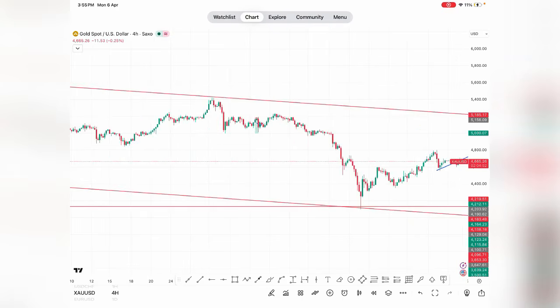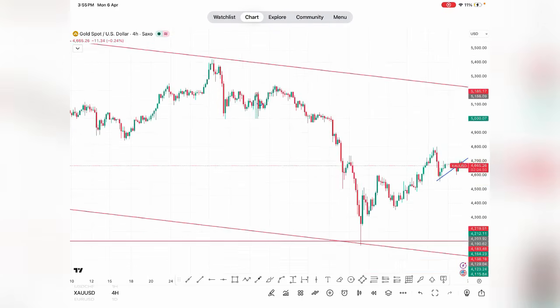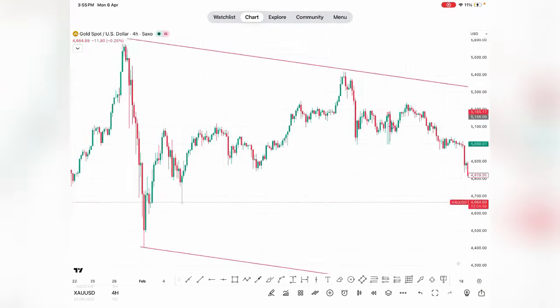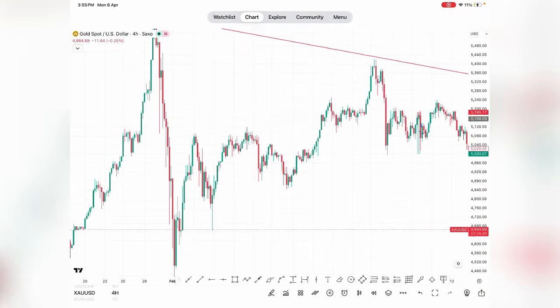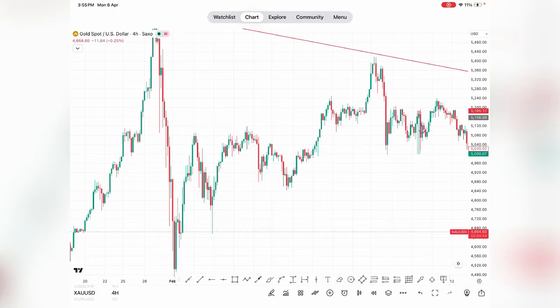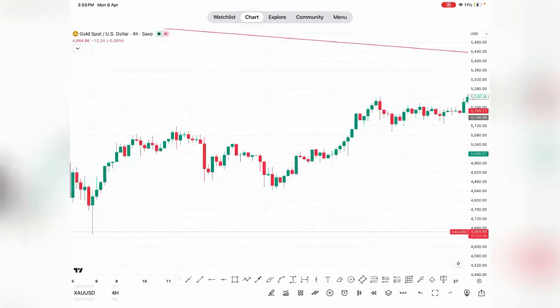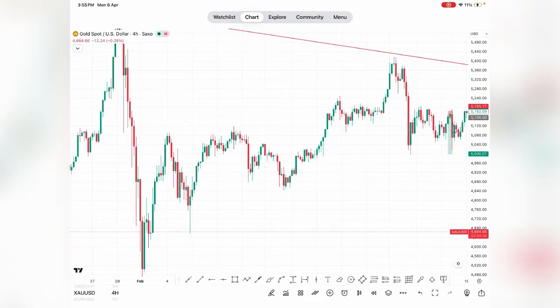So for instance, in this very chart that I have here, you can see the green candlesticks. Those are bullish candlesticks. When the market is moving in favor of the buyers, you see the candlestick in green. That means the buyers are dominating. They are the bulls of the game.